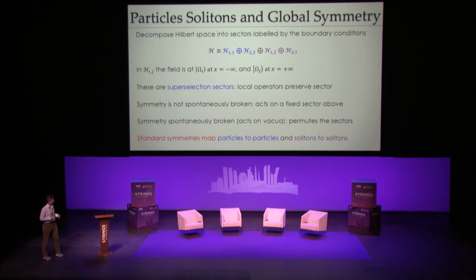A second possibility is a spontaneously broken symmetry. In that case, it permutes the vacuum states, and so it permutes the sector labels here. One thing I'd like to emphasize about symmetry action on this decomposition is that if you have a standard group-like ordinary invertible symmetry, it will always map particles to particles and solitons to solitons, but it will not mix them.